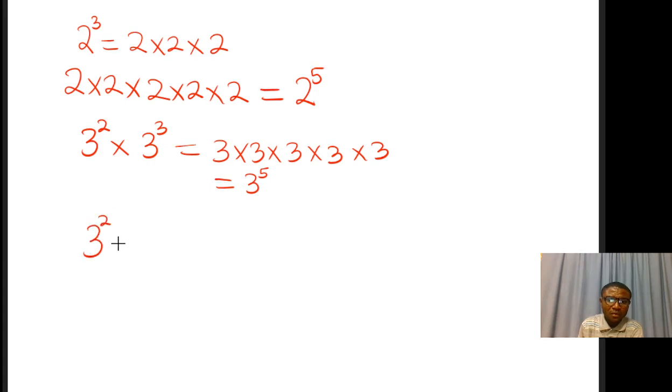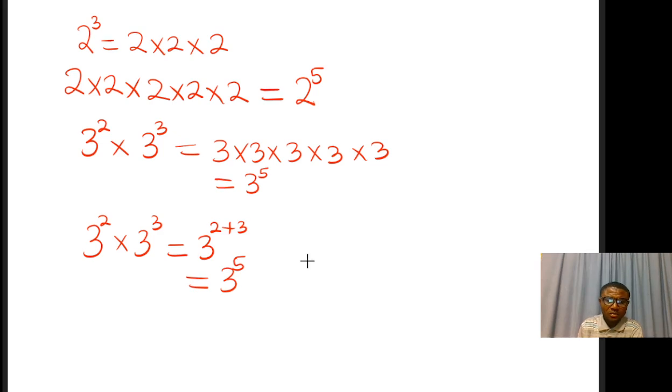Now to make this simpler, that's why we are having that rule: 3 to the power of 2 times 3 to the power of 3 gives us 3 to the power of 2 plus 3, and the final answer becomes 3 to the power of 5.